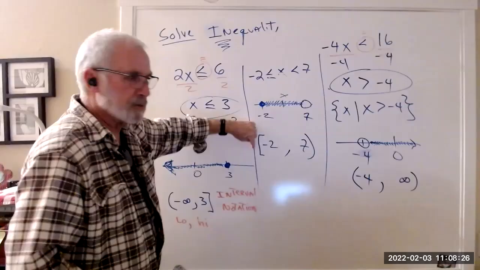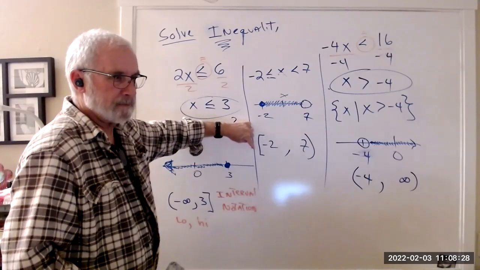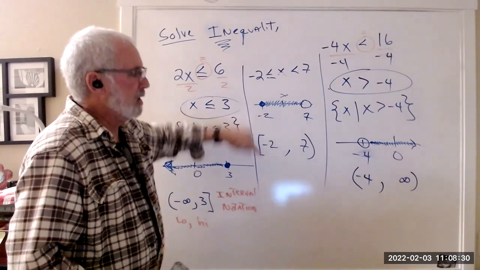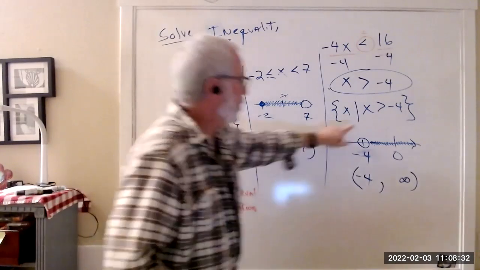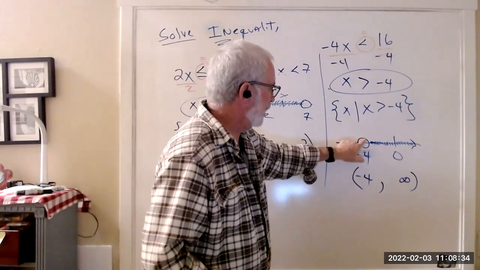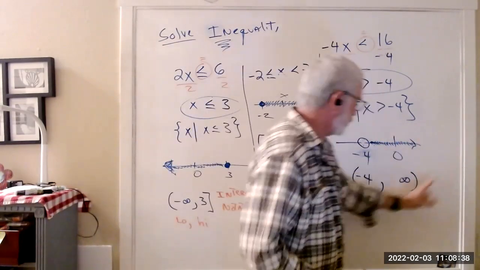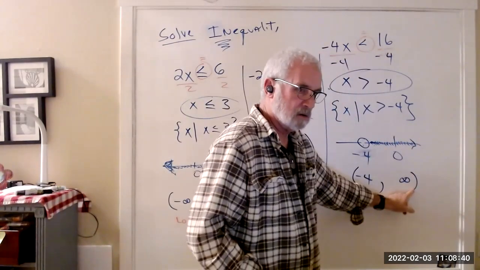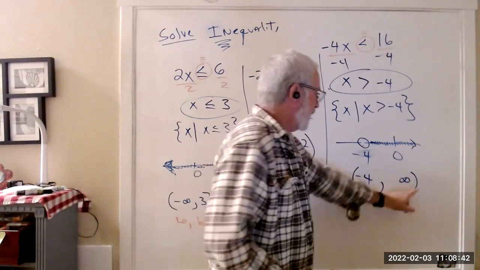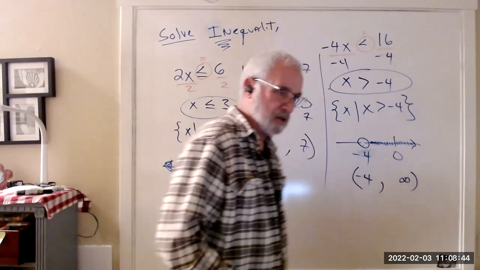If you do touch the number, it's a bracket. So over here, we can't touch the -4, and we certainly can't touch infinity. That's why they both have a parenthesis. Yeah, understood. Got it.